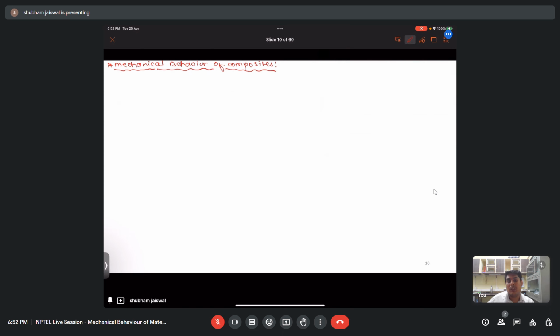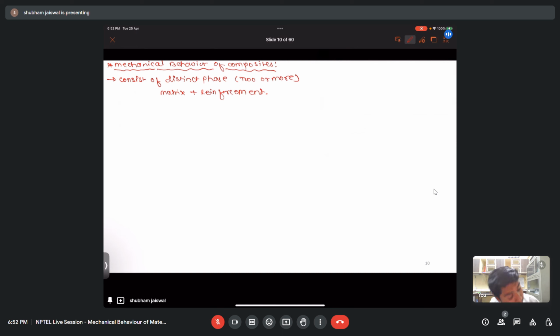It consists of two or more distinct phases. Among these, one is the matrix and the second one is the reinforcement.